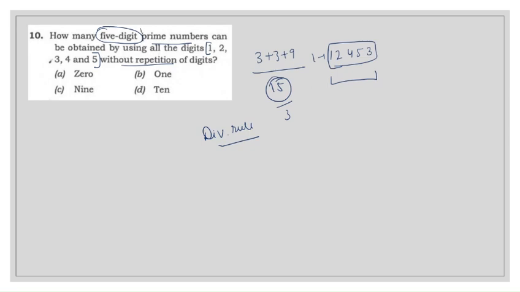And the definition of prime numbers is that the number is divisible only by itself and 1 and not by any other number, which means that there can be no such prime number that can be formed by using only these digits, and that too without repetition.